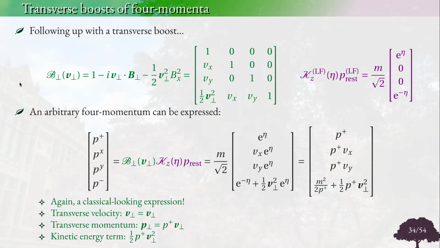As for the transverse boost, you have this finite terminating series, and you can use the boost generator matrices that I showed a few slides ago, contract them with the x and y components of your perpendicular velocity, and you get this really nice lower triangular matrix.